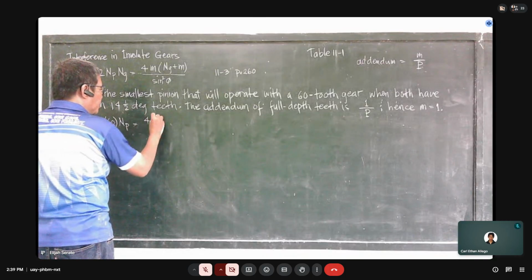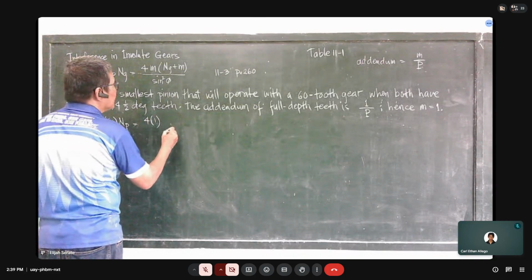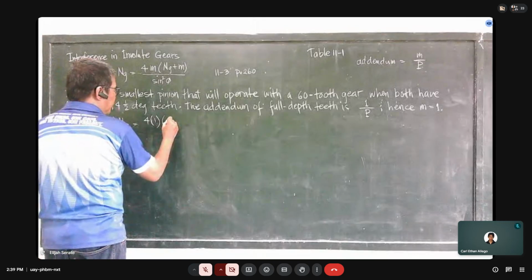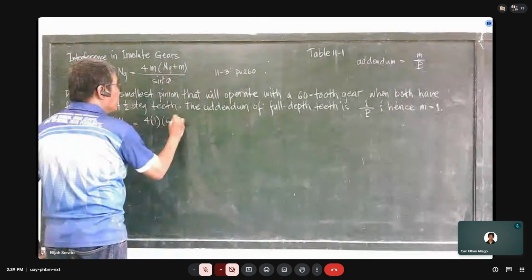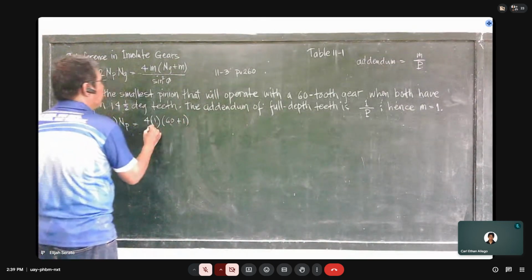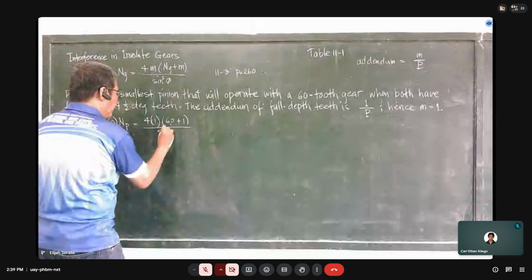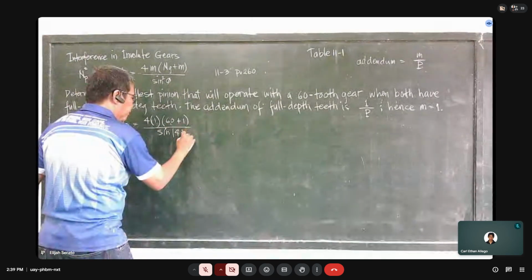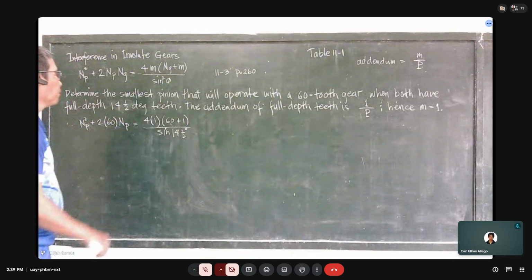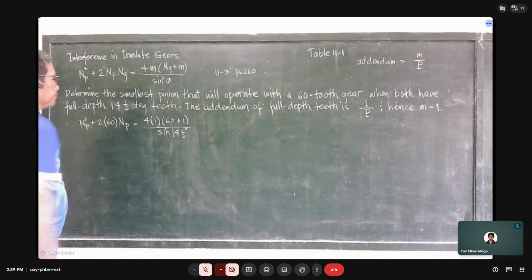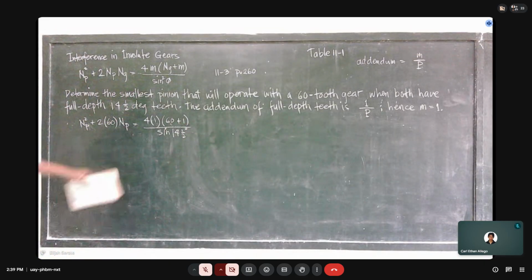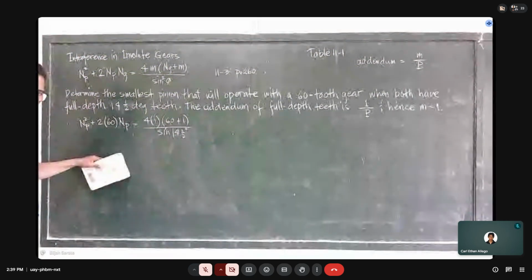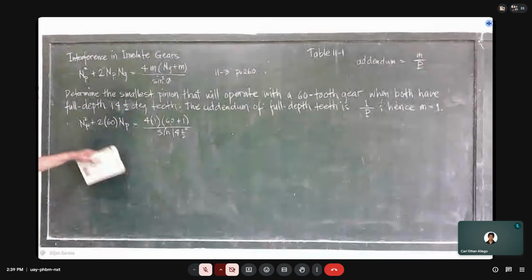This time M is 1. And number of teeth of gear is 60 plus 1 over sine. The pressure angle here is 14 and a half degrees. Okay, there you go. This is basically a quadratic equation in terms of the number of teeth.